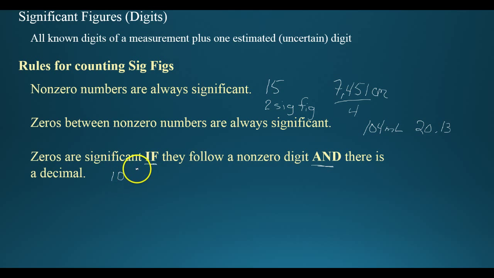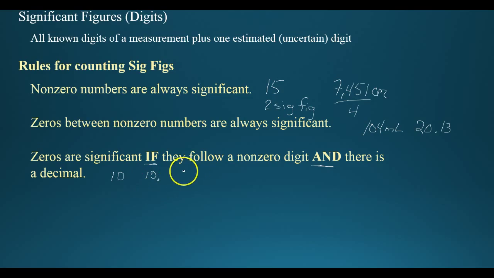Follow the rules. Zeros are significant if they follow a non-zero digit and the 0 follows the 1 and there is a decimal. No decimal, so you only have 1 significant figure. But as soon as I put in a decimal, now that 0 becomes significant and I have 2 significant figures.